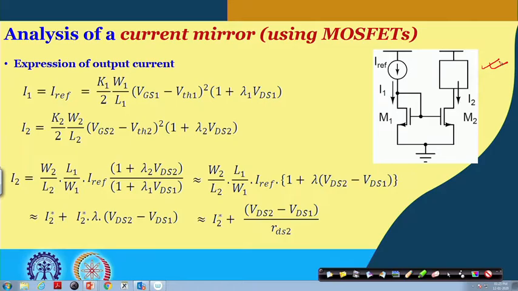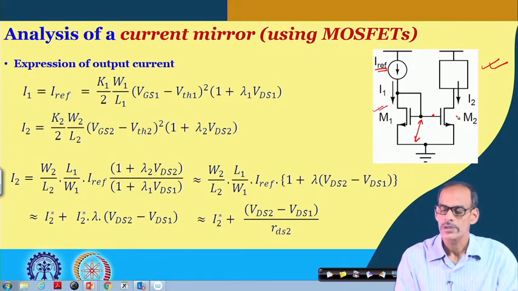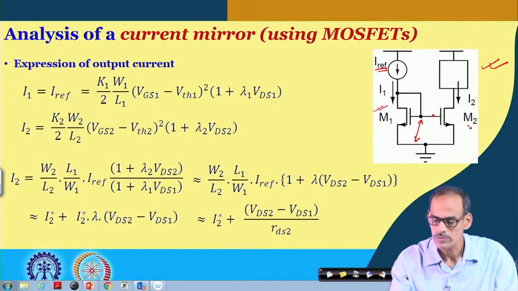which, as I said, has a reference current I ref, and then we have transistor 1 here, which is diode connected, and it develops a voltage VGS, which is supplied to the gate to source of transistor 2, and then transistor 2 is connected to the application.